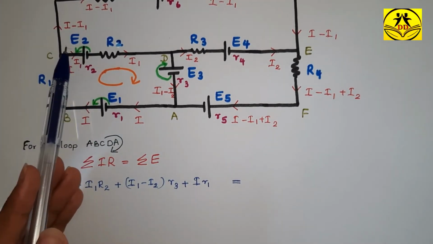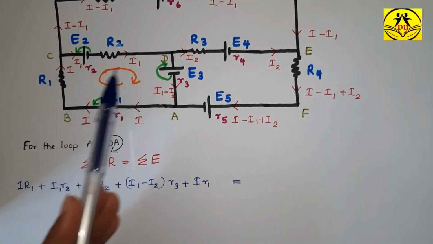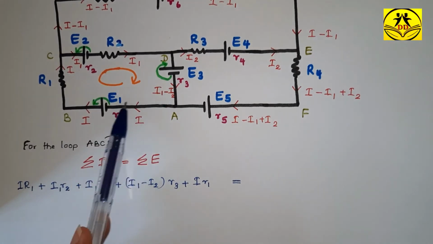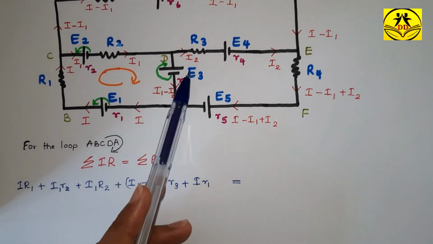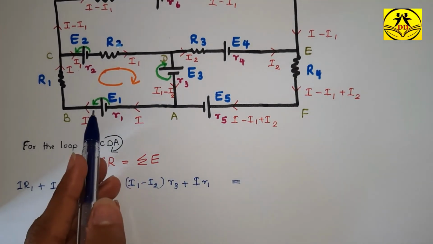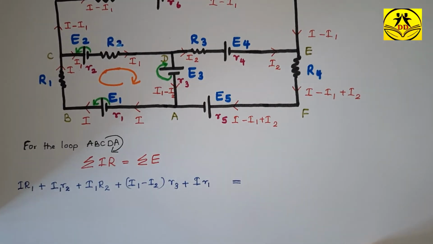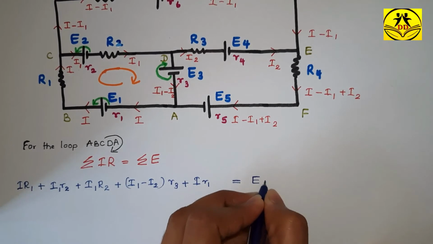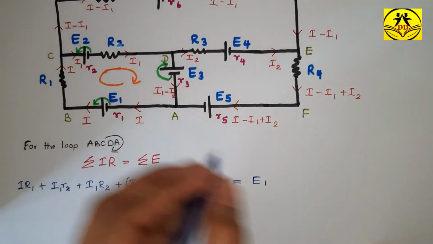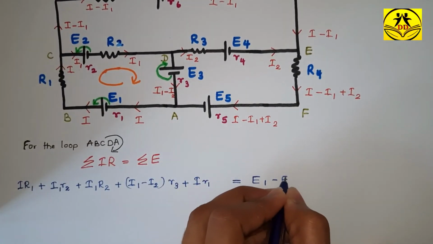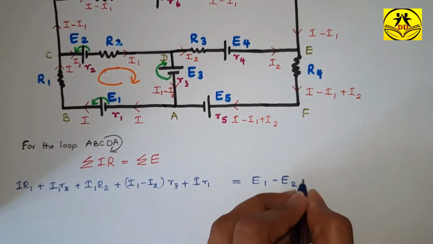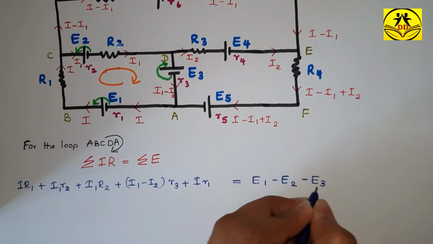When the direction of the EMF of the cell is opposite to the direction of the loop, they are considered as negative. This also minus E3. So how you write the algebraic sum of EMFs here? This is plus E1, and this is minus E2, and this is minus E3.